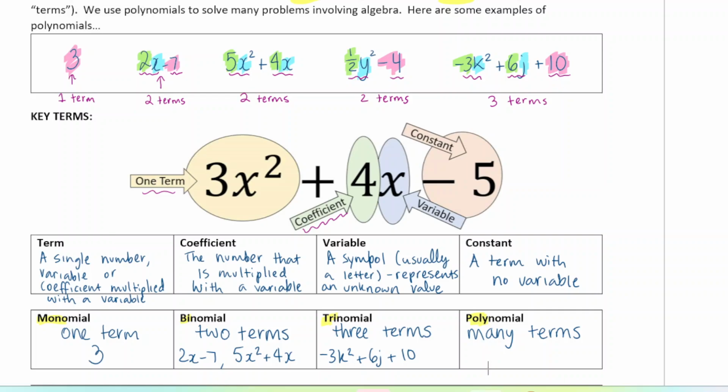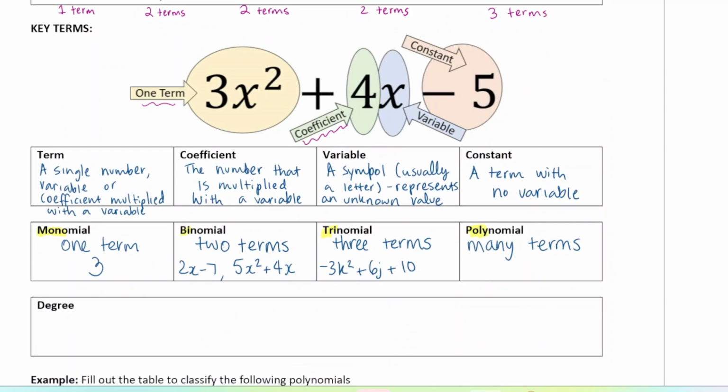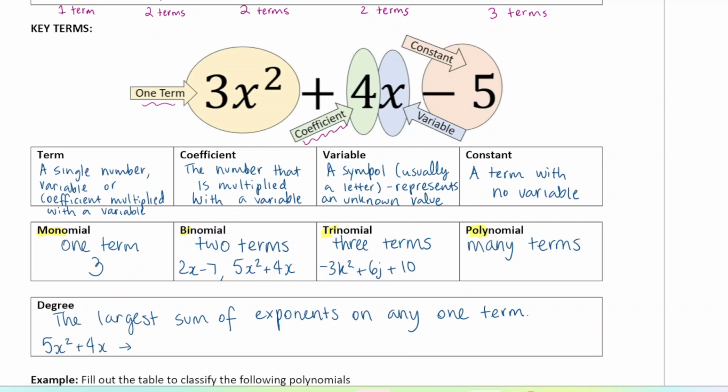Okay. And finally, another important thing is the degree. This is the largest exponent, I'll say, the largest sum of exponents on any one term. Let me give you some examples. From that list above, 5x squared plus 4x, the largest exponent we had here was 2, and so the degree would be 2.